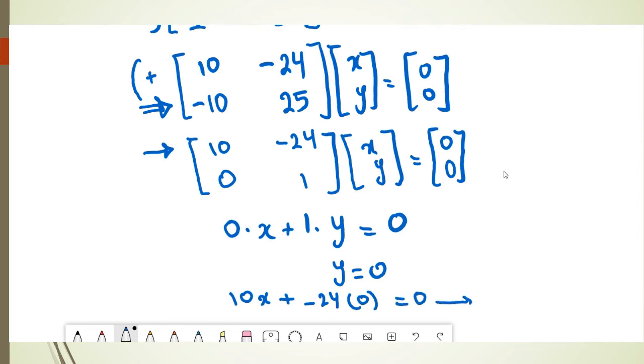And from here we get x equal to 0 over 10, which is 0. So our solution is 0 and 0 for this system of equations, i.e. a trivial solution. Okay?